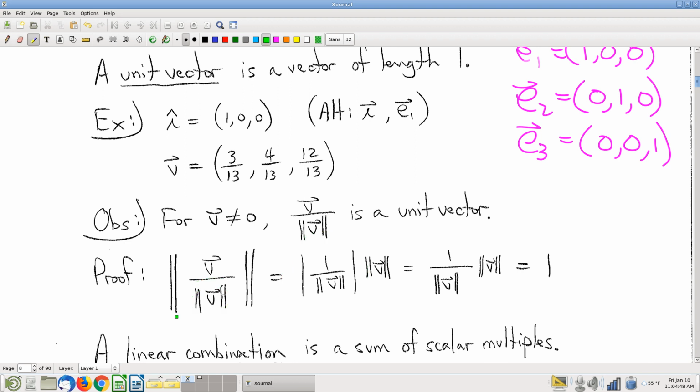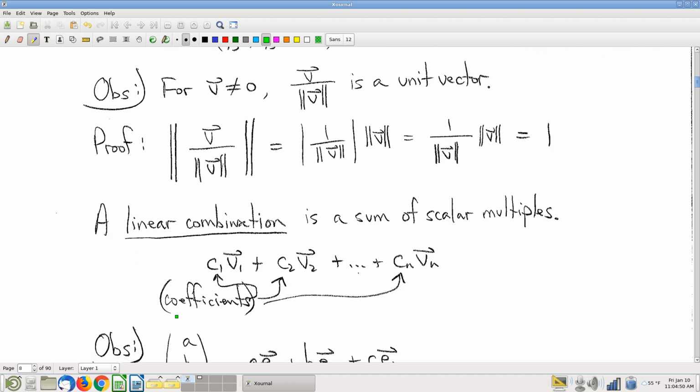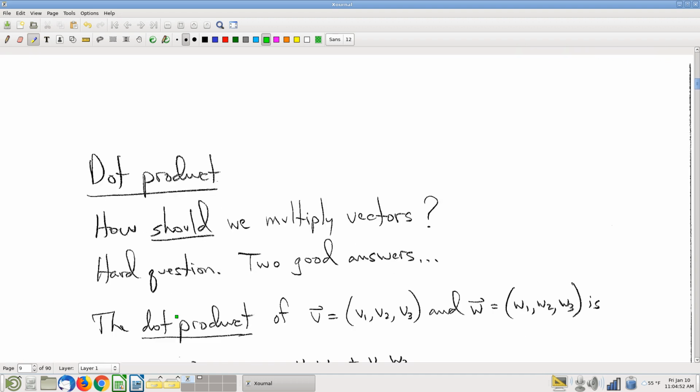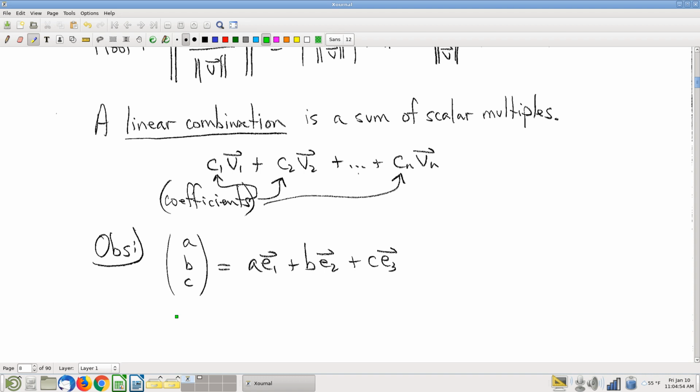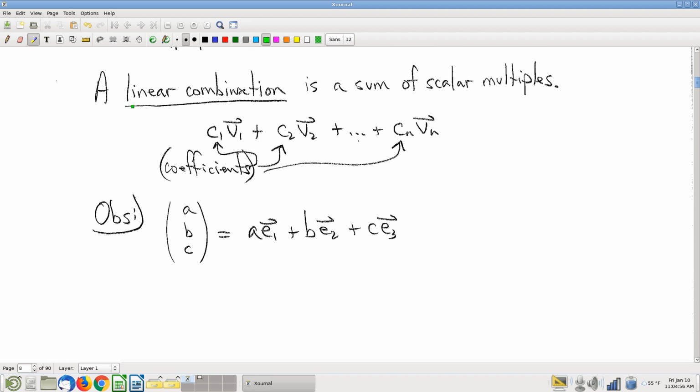Okay. Last little bit before we go on to the next section is a little bit of terminology. This term here, linear combination, I'm going to use that term a fair amount in this class. I'm going to use it endlessly in Math 216 for those of you who take Math 216, or if you take any other linear algebra class. It's arguably the fundamental construction of the entire subject of linear algebra, the linear combination.